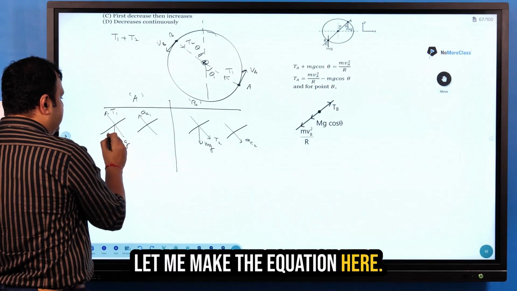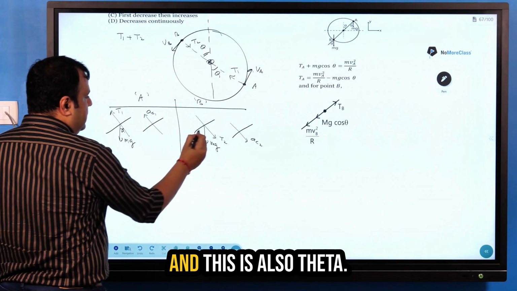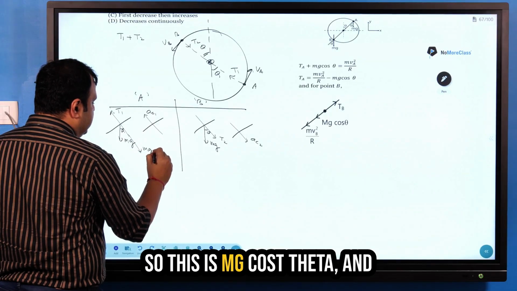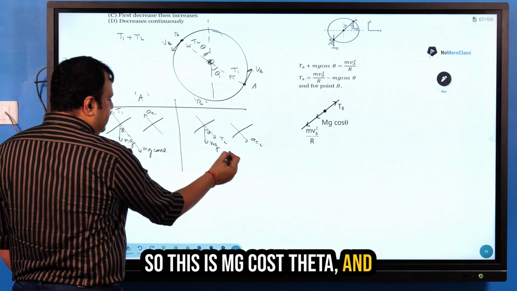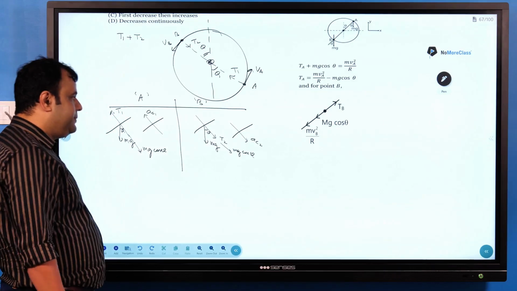Let me make the equation here. Before that, this is theta. This is also theta. So let me make the components first. This is mg cos theta, and here it will again be mg cos theta.